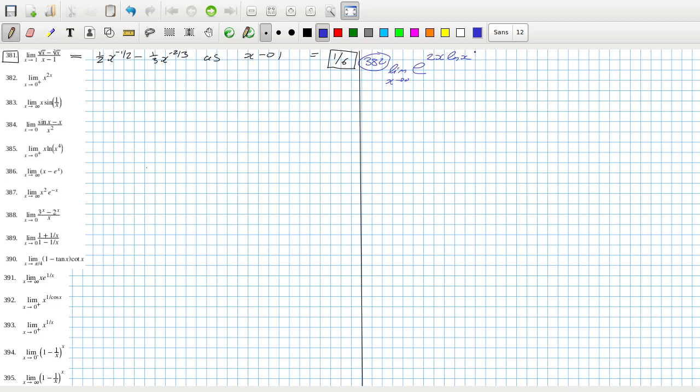What to do here? I saw one like this recently, didn't we? Let's think about this one.